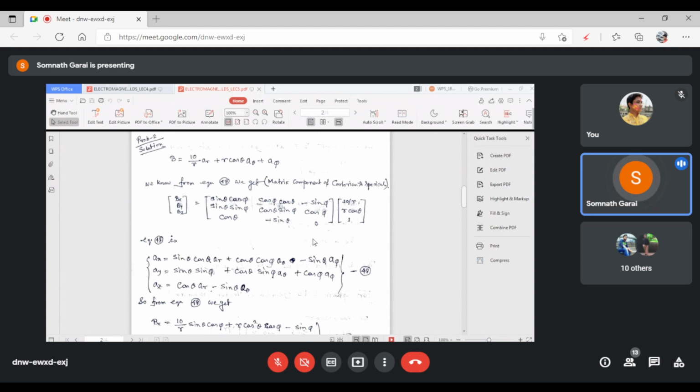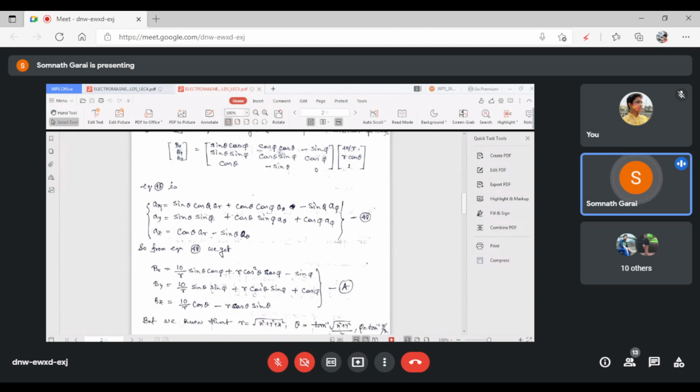Okay, because we already established equation number 48, that is AX is equal to sin theta cos phi AR plus cos theta cos phi A theta minus sin theta A phi. AY is equal to sin theta sin phi AR plus cos theta sin phi A theta plus cos phi A phi, and AZ is equal to cos theta AR minus sin theta A theta.